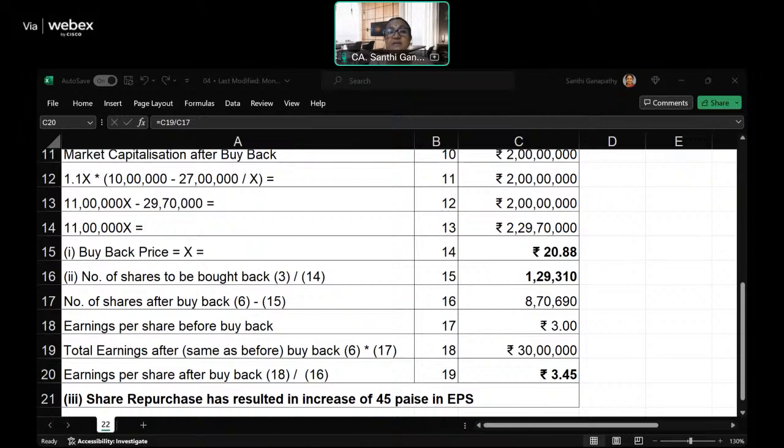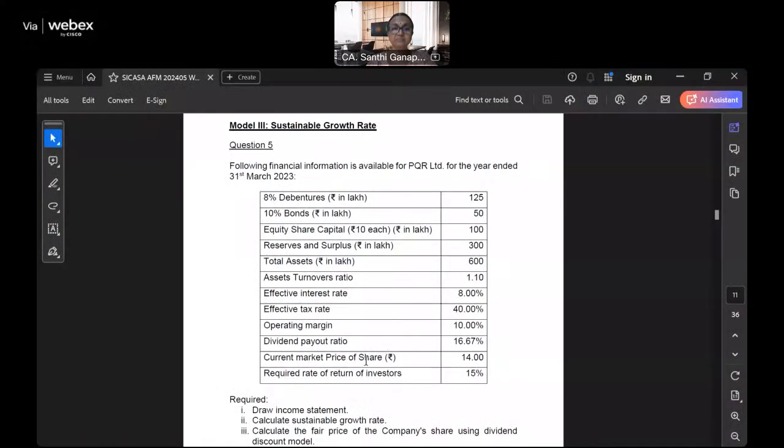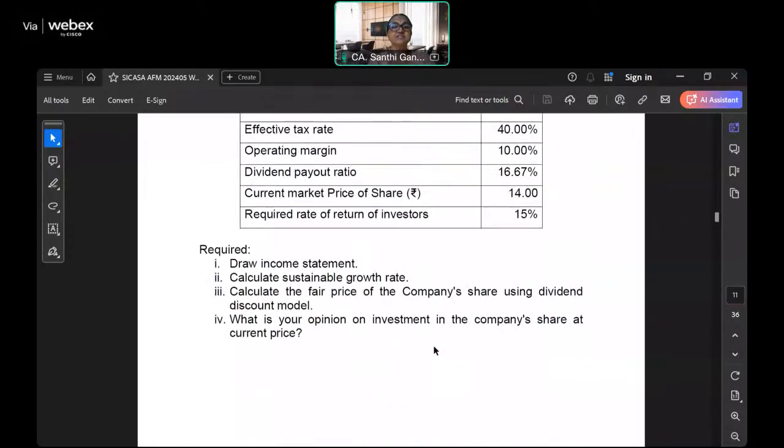Next, we will be discussing sustainable growth rate. Now, what is the requirement of the question?